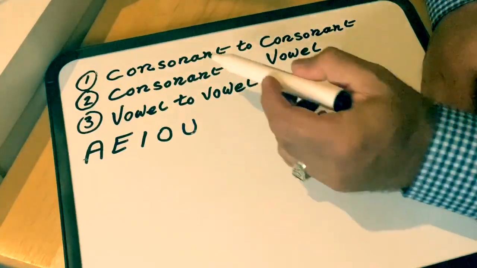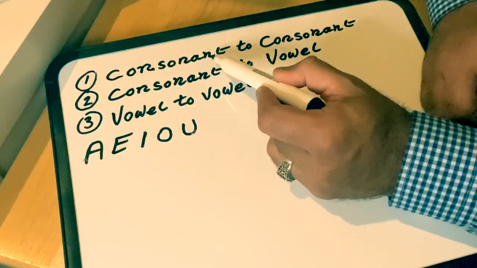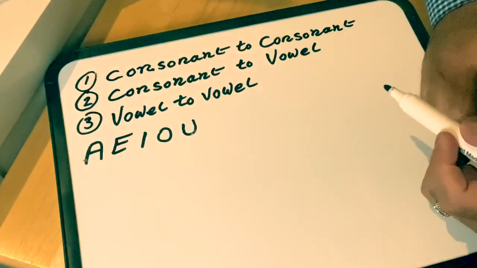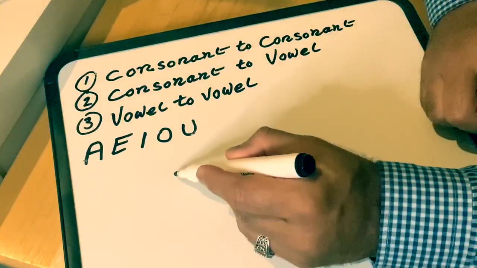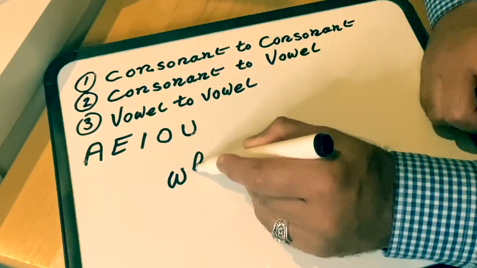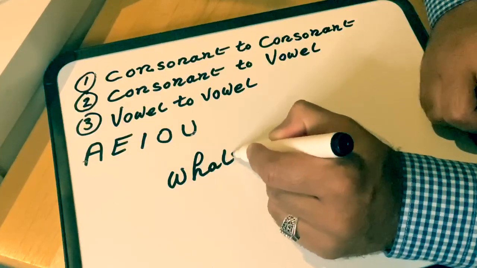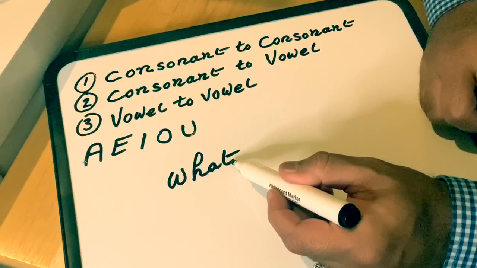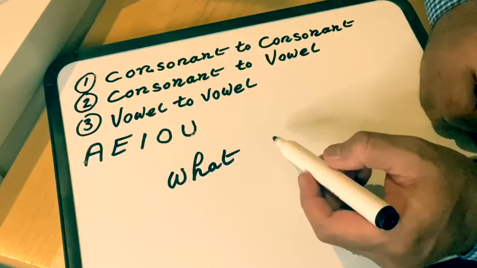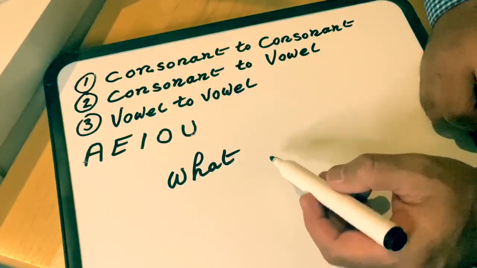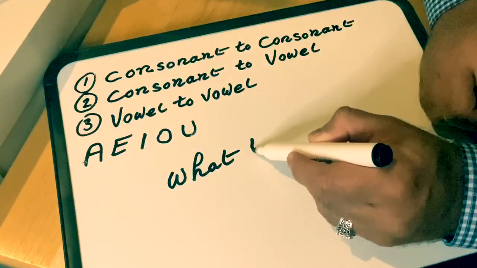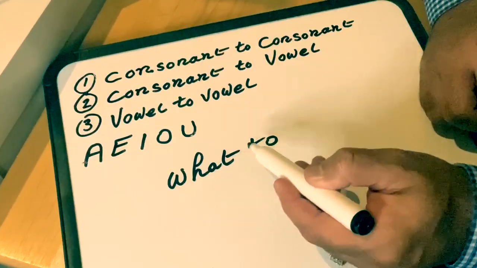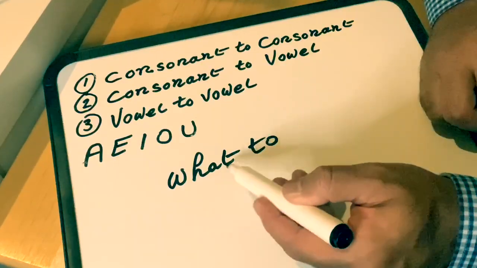Okay, so let's look at the first one, which is consonant to consonant. When you have a word, say the word what, which ends with a consonant, and then the next word starts with a consonant with the same sound. So say to. So you have a consonant and consonant on both words.